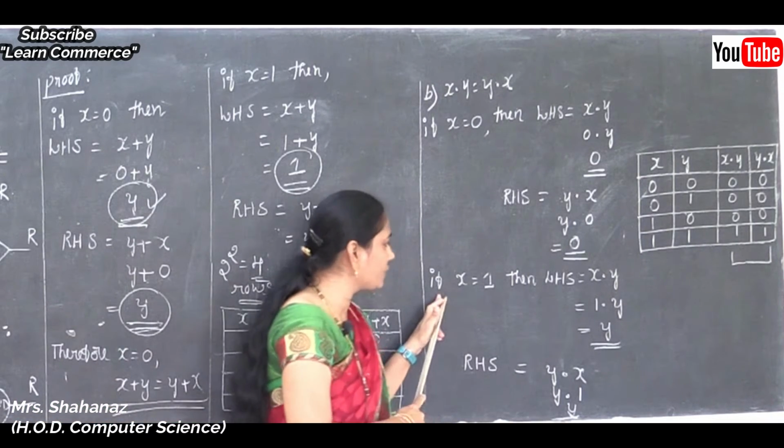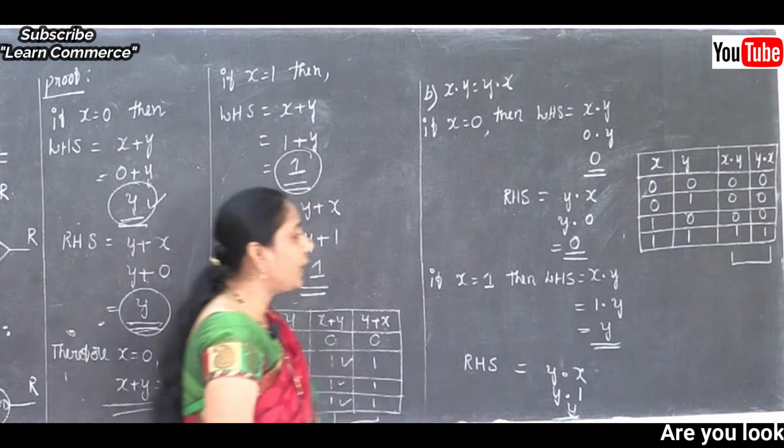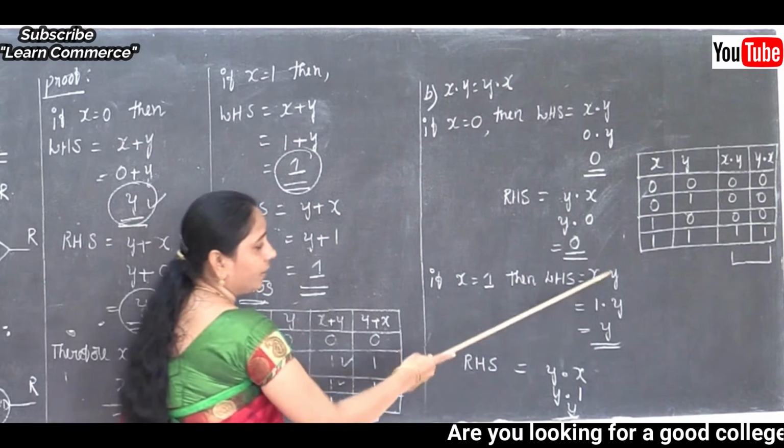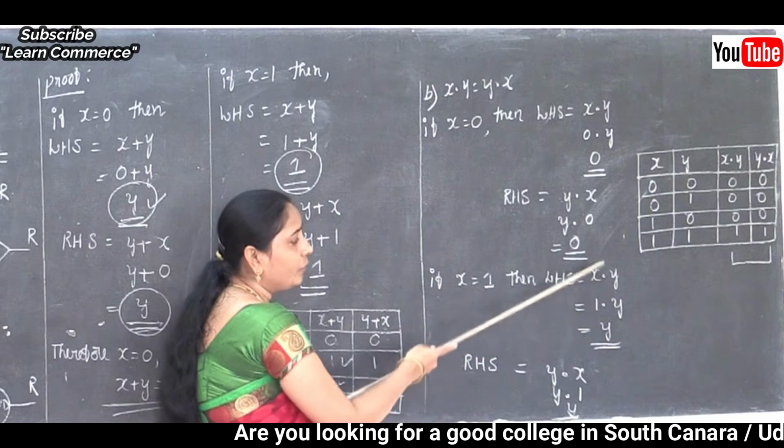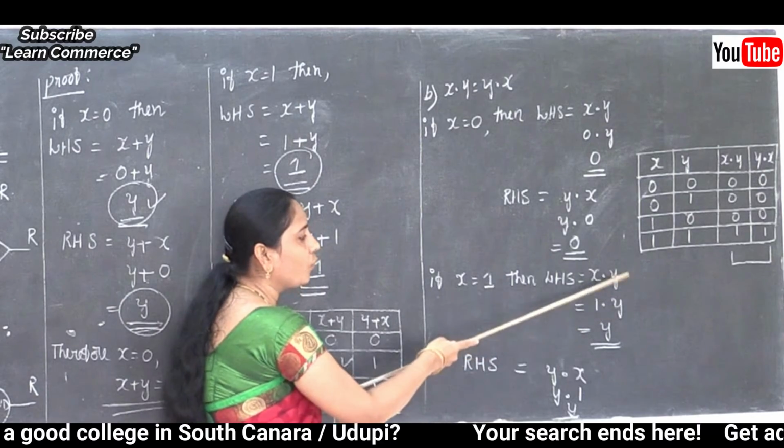Here now by using the x value equal to 1, then left hand side x and y, we know the value of x is 1, and dot operator y.